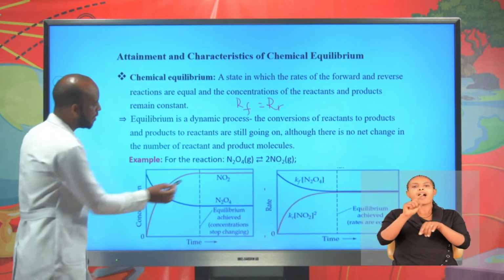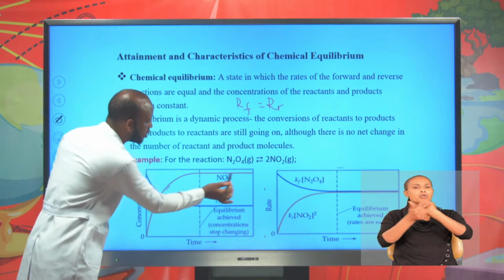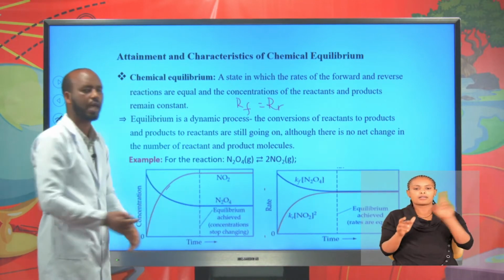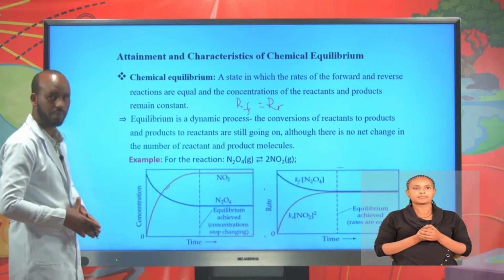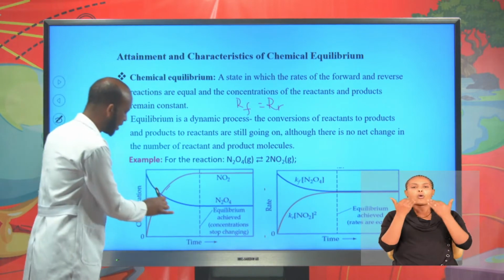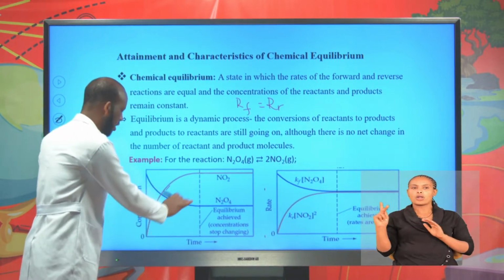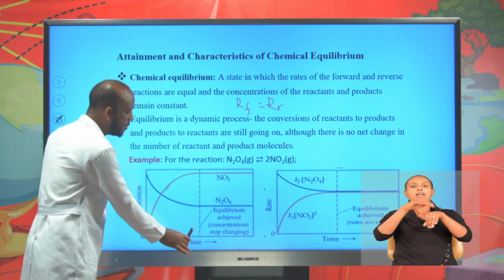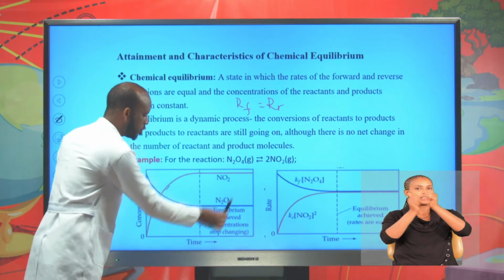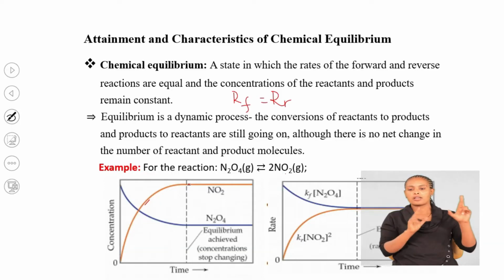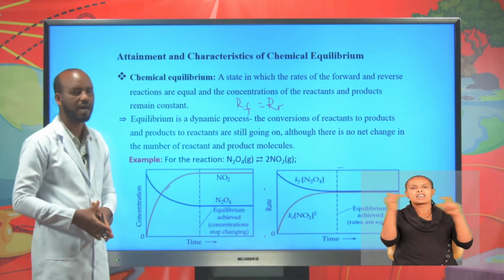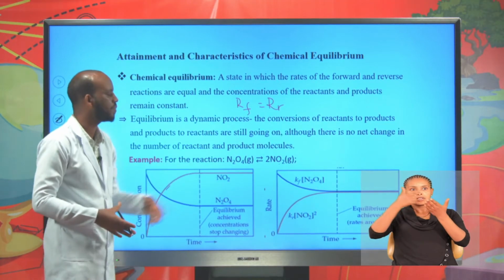At equilibrium, there is no change in the concentration of reactants and products. This is the concentration versus time graph for this equilibrium reaction.